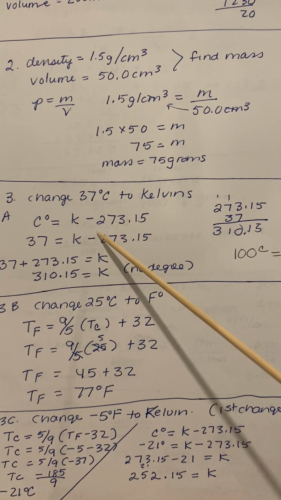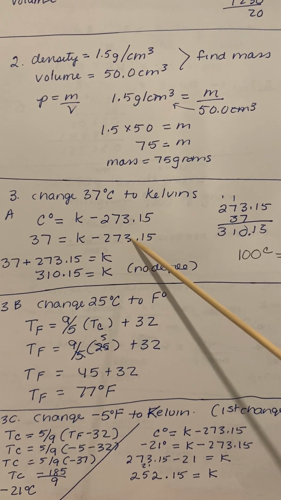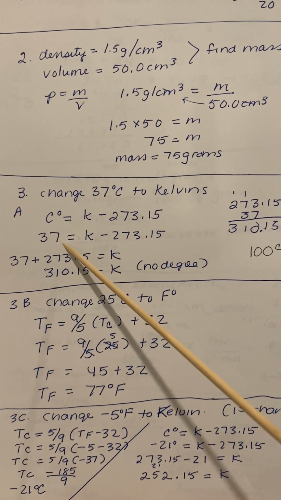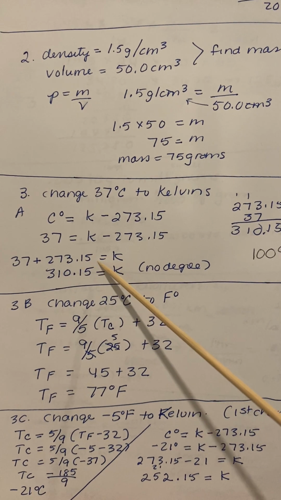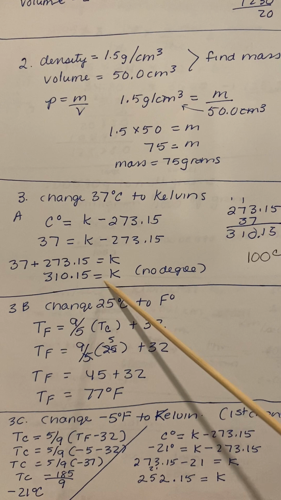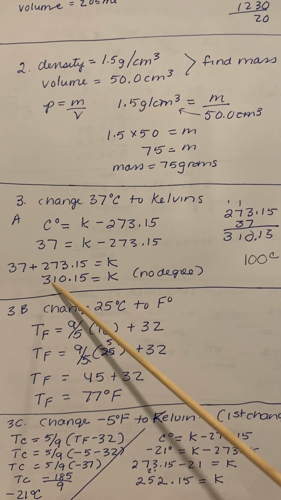So we have 37 equals K minus 273.15. Well, since it's a minus on this side, you need to add it to this side. So we have 37 plus 273.15, and that's going to equal 310.15. And Kelvin never has degrees.